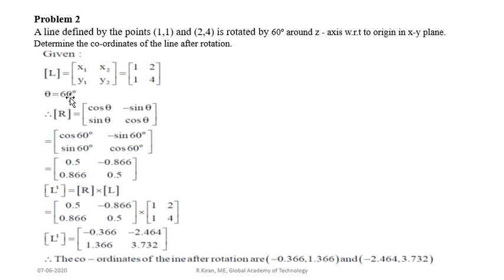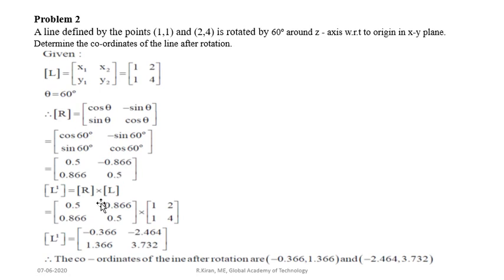So here let us try to represent this line by using the matrix x1 x2, y1 y2. We know that the value of theta is equal to 60 degrees, which is rotated around the z axis in the xy plane, and the rotation matrix is given by cos theta, minus sin theta, sin theta and cos theta. Substituting theta equal to 60 degrees will give us this particular equation: cos 60 is equal to 0.5, minus sin 60 is equal to minus 0.866, sin 60 is equal to 0.866, and cos 60 is equal to 0.5.